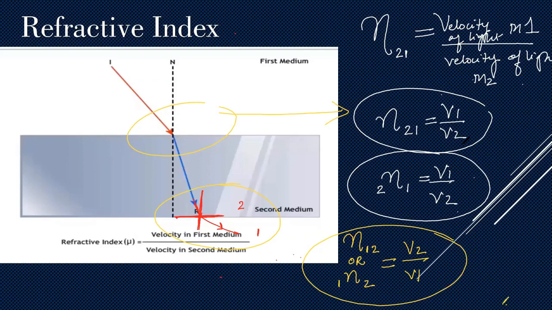Very, very important from the exam point of view and for numericals. Some textbooks denote refractive index as nu, some as n. Whatever the symbol, the formula will remain the same: refractive index of 2 with respect to 1 is equal to velocity in the first medium upon velocity in the second medium. Understood? Hope everything is clear.